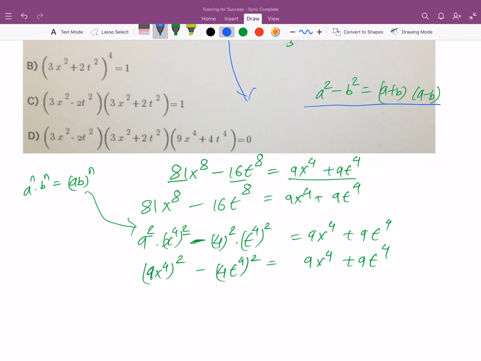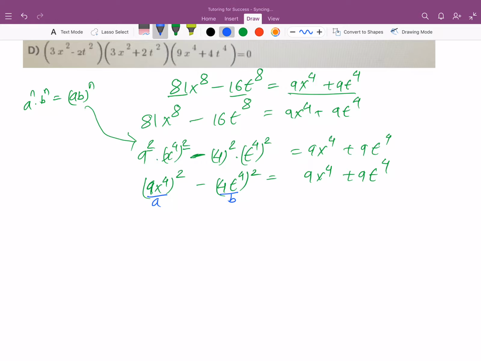So you have an expansion that is a squared minus b squared. Then you would expand it into a plus b in parentheses, and then a minus b in parentheses. If you compare this with this, your 9x to the 4 becomes your a, and this becomes your b.